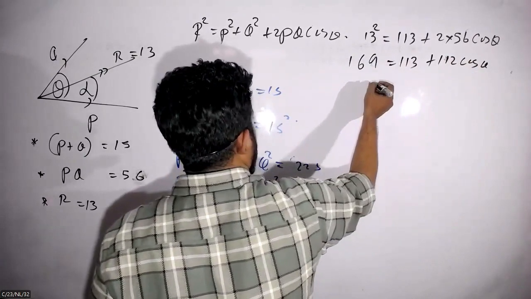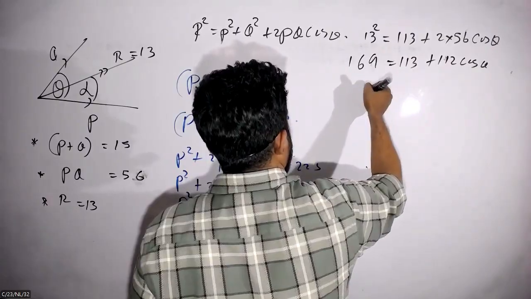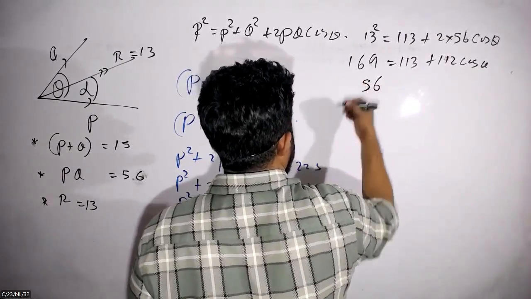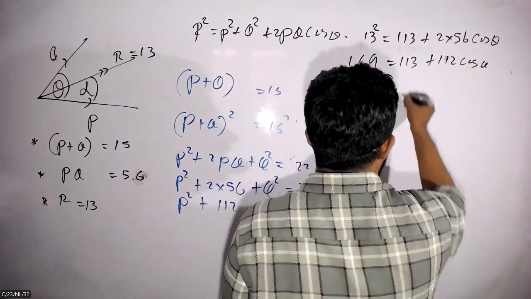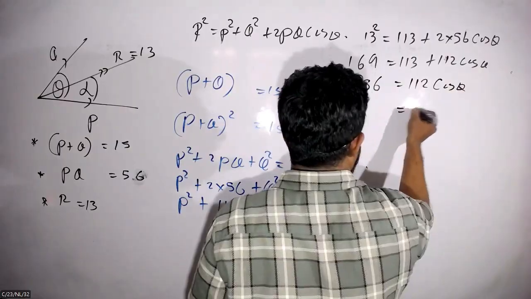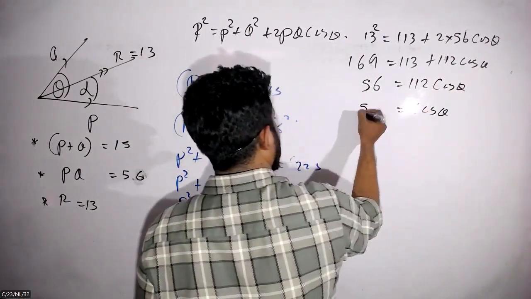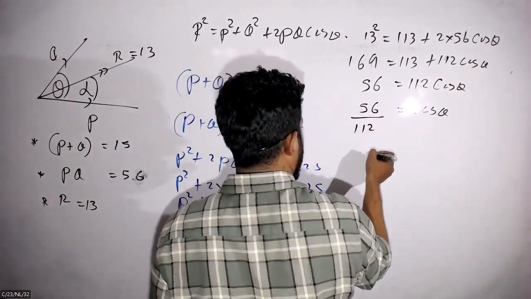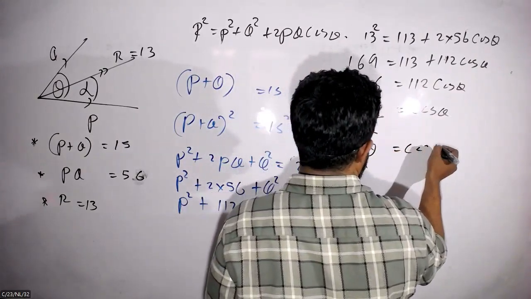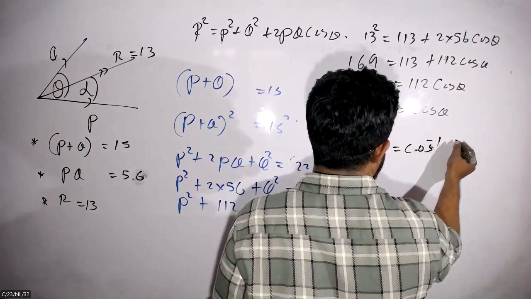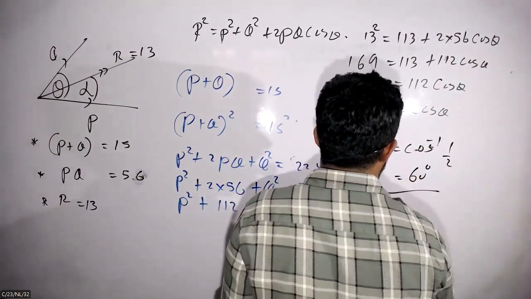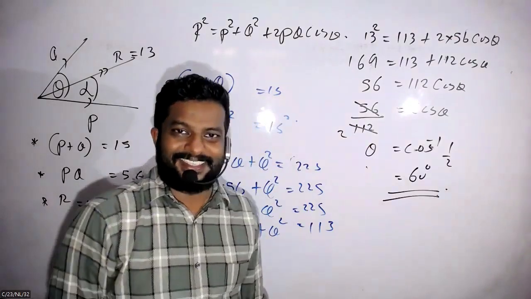This one should be equal to 56. This 56 is equal to 112 cos theta. Then cos theta is equal to 56 divided by 112. Theta is equal to cos inverse half. Cos inverse half is 60 degrees. That is, the angle between the two vectors is 60 degrees.